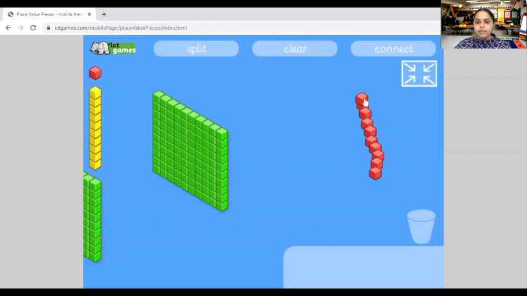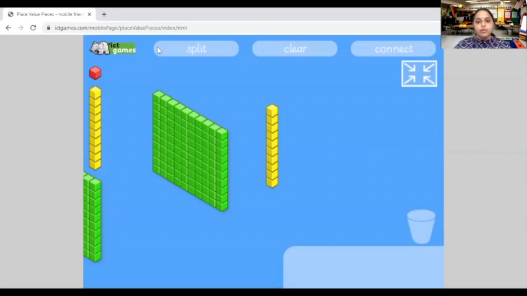What happens if I have 10 ones? When I keep it together, it becomes 10. Similarly, 10 tens made 100. So 10 hundreds will make 1,000. This is what you have to remember.